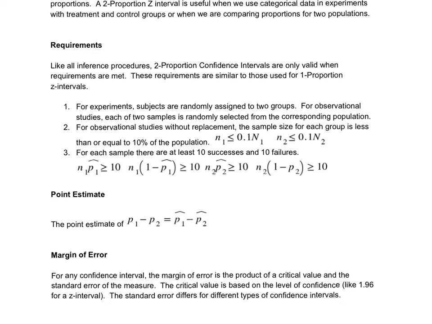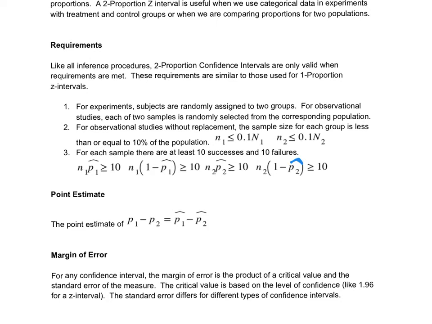And since this is a binomial situation, we just have to look at the successes and failures. And there is a little typo here. There should be a hat over the second p2 right there. And of course, another requirement is that these are independent samples and they are randomly selected. Make sure that that is happening as well.